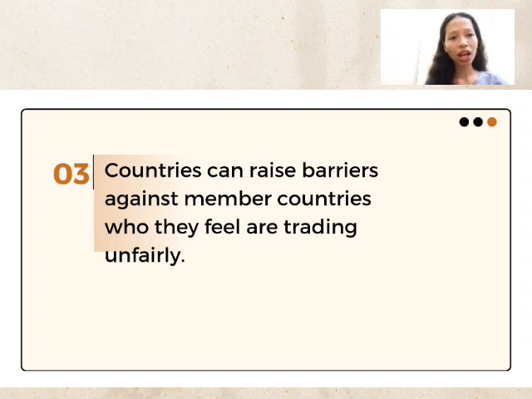However, such actions should ideally be in compliance with WTO rules and agreements, and disputes are often addressed through the WTO dispute settlement mechanism to determine whether the measures taken are consistent with international trade rules.